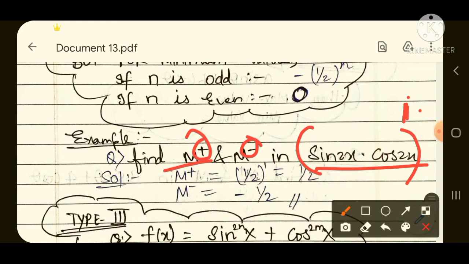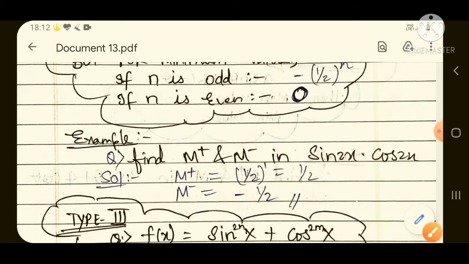What is n? n is 1. So half to the power 1 is equal to half. What is the minimum? Here n is odd, so minus of maximum is the minimum. So it will become minus half. See how simple it was. It took just 1 second to find the answer, and in the examination you will tick the answer.